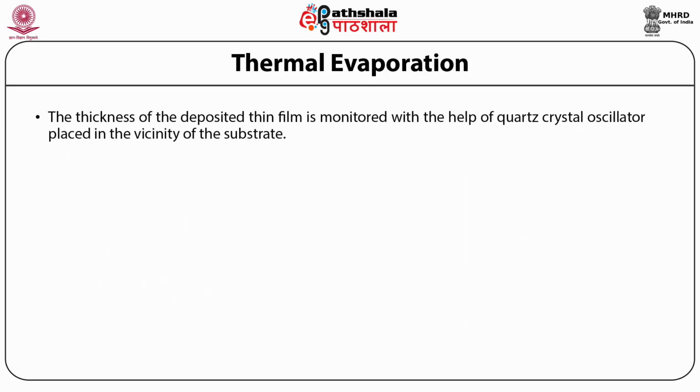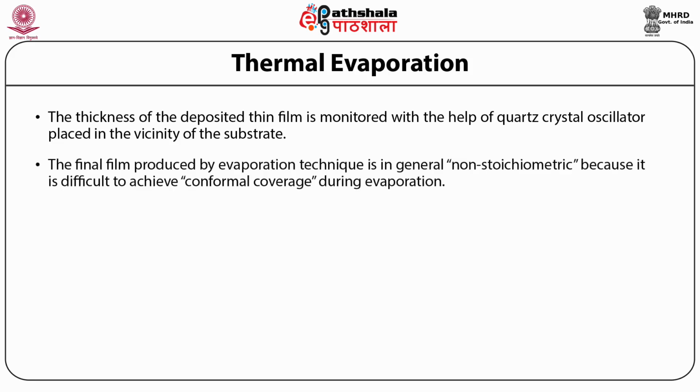The thickness of the deposited thin film is monitored with the help of a quartz crystal oscillator placed in the vicinity of the substrate. The final thin film produced by the evaporation technique is in general non-stoichiometric because it is difficult to achieve conformal coverage during evaporation.